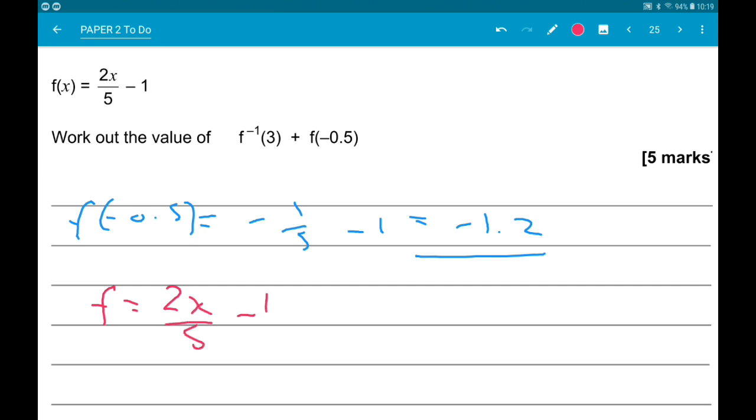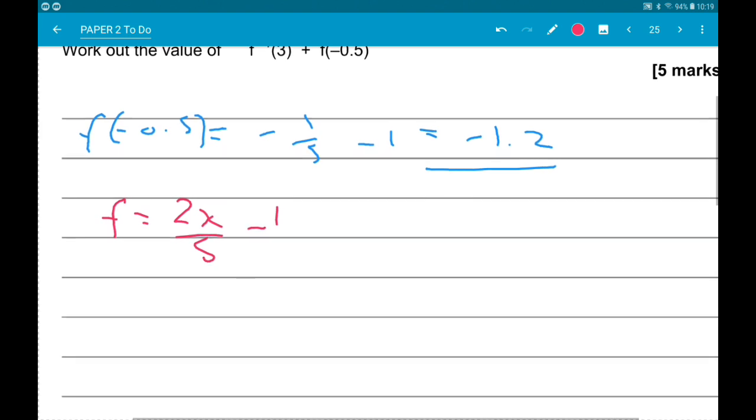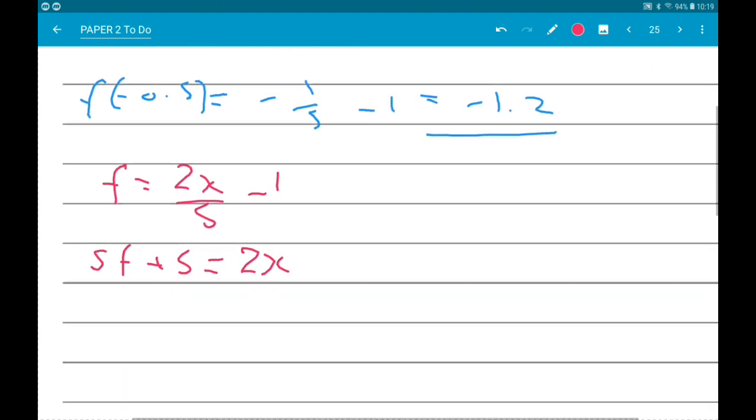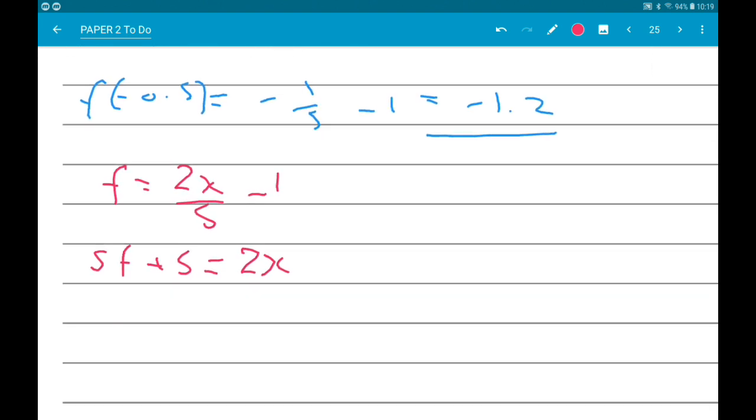Okay, so we now need to make x the subject of this. So we're going to add 1 to both sides and multiply through by 5. So we're going to get 5f add 5 is equal to 2x. And then we're going to divide by 2. So 5f add 5 over 2 is equal to x.